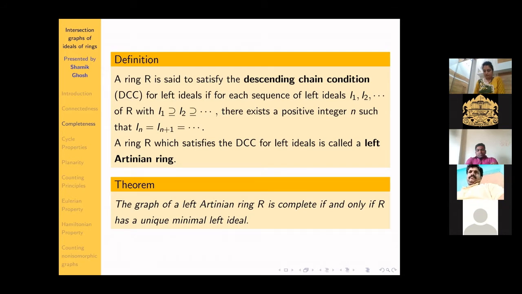But here we say that there is a unique minimal left ideal, and then the graph is complete, and that is the necessary and sufficient result particularly for left Artinian rings. In this way, we can study connectedness and completeness, both for Zn in particular and for some arbitrary ring or some ring with particular properties like this Artinian property and others.